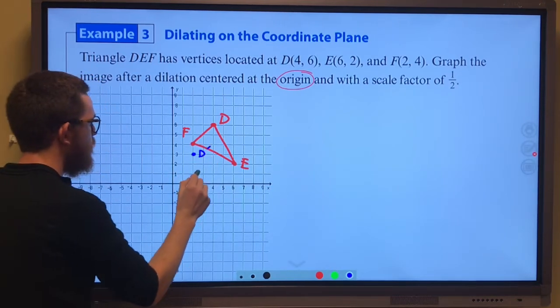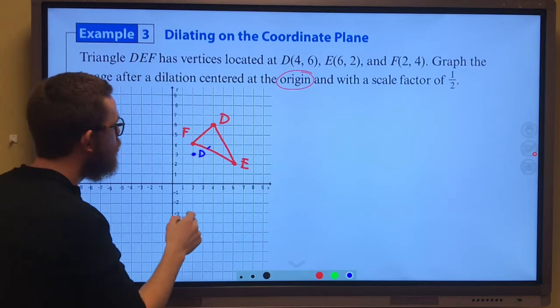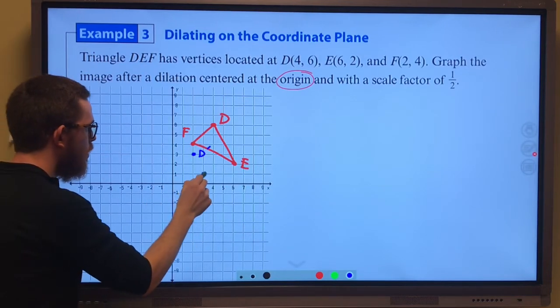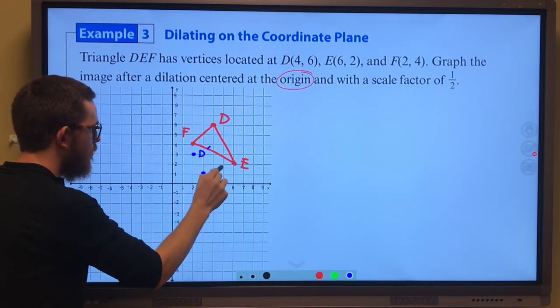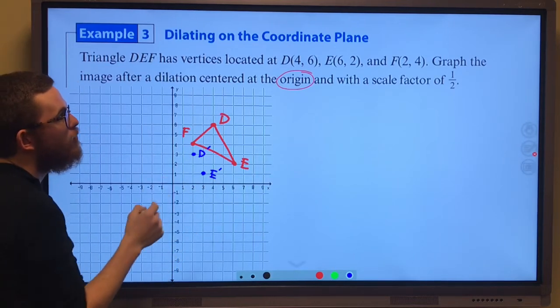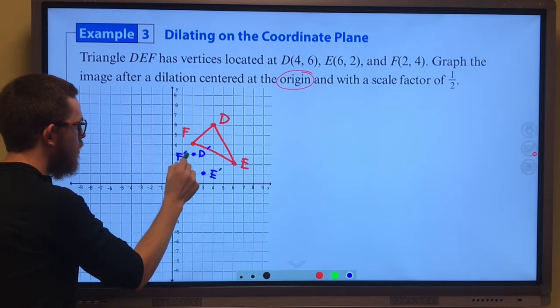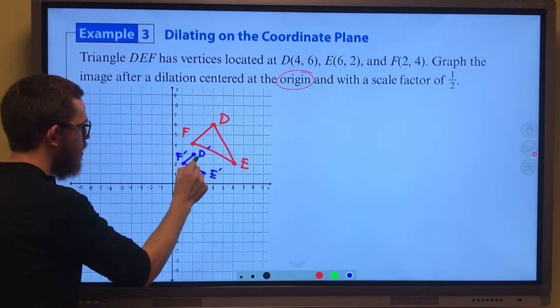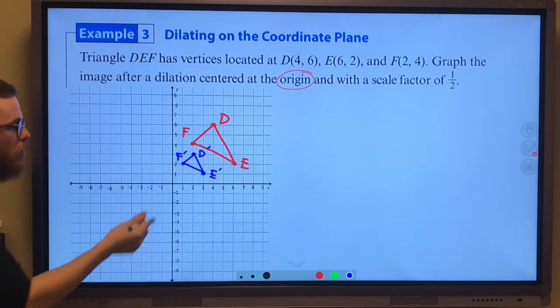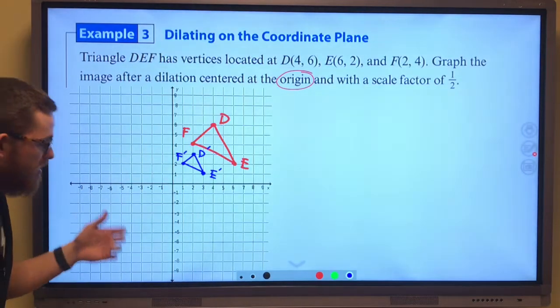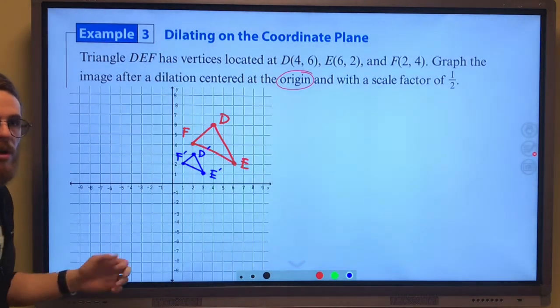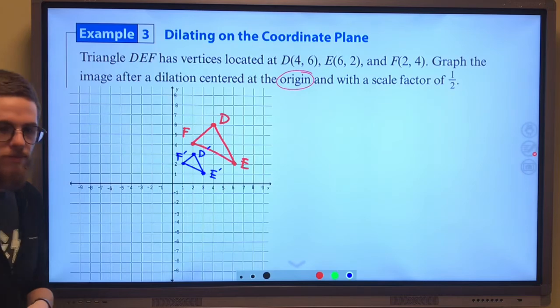There's D prime. E, (6, 2), is now (3, 1). There's E prime. And F, which was (2, 4), is now (1, 2). There's our F prime. So as they get closer to the origin, it's the same orientation, it's the same shape, but it is a different size.